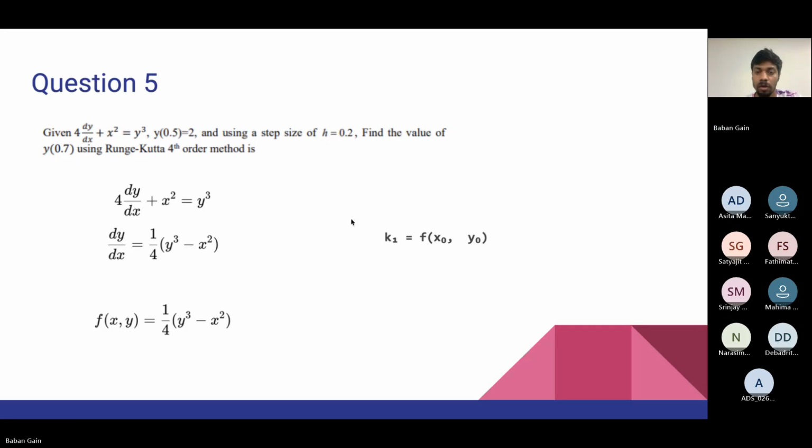Now, k1 is f of x and y, and the x value I am saying is 0.5, the y value I am saying is 2. So what will be k1? Just put the values, here you put 2, here you put 0.5. That's it.